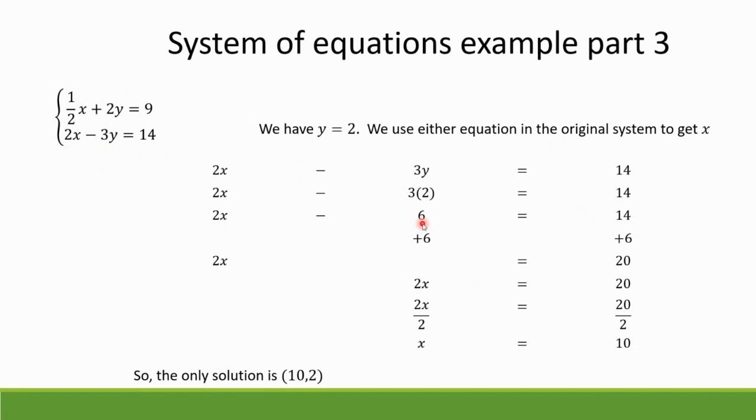So we get 2x minus 3 times 2 equals 14. I replace y by 2. Then we solve for x, and we end up getting the only solution is (10, 2).